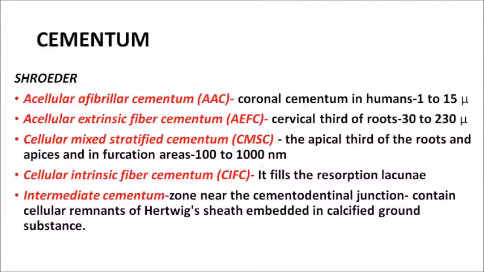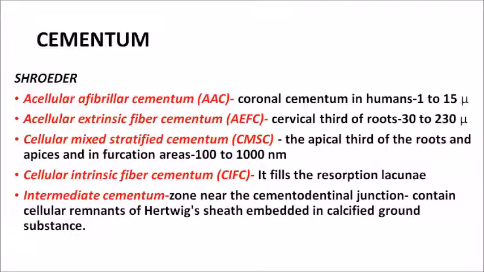Which type of cementum is present in which area and how thick it is? It is very important. It will be asked as MCQ. So, acellular afibrillar cementum covers the coronal cementum of humans. How come coronal cementum? Coronal portion should be having enamel, right? So we have learned 3 types of cemento-enamel junctions, CEJ.